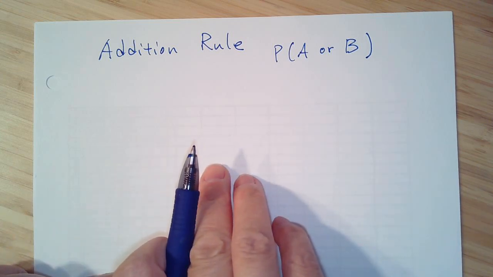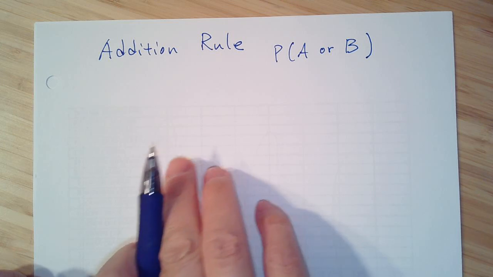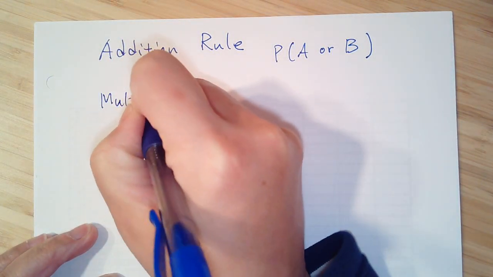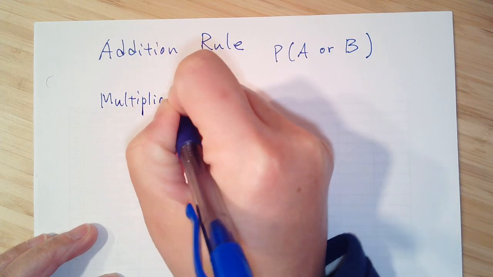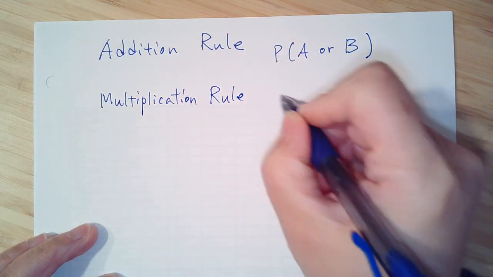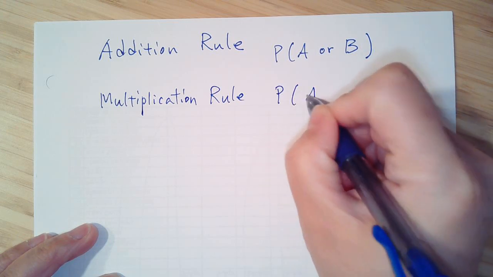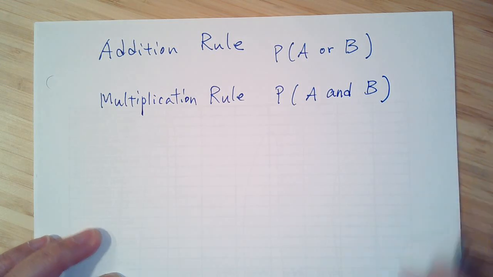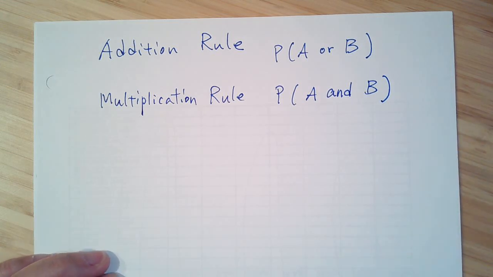And the basic multiplication rule. The multiplication rule will be used to find the probability of A and B. Now you'll see some very important logic words: and, or, not.